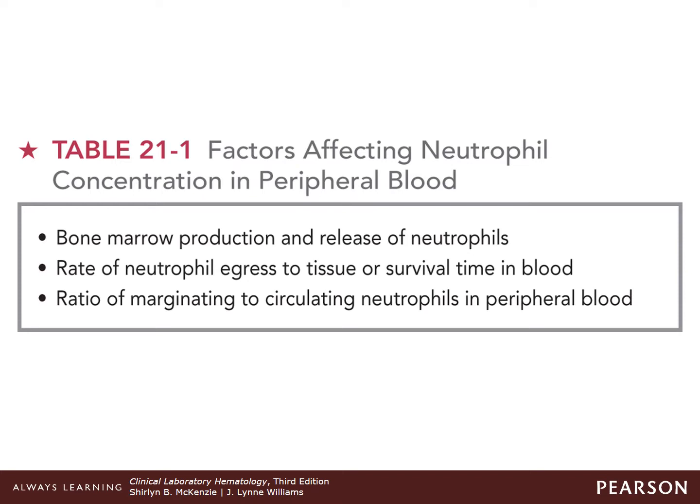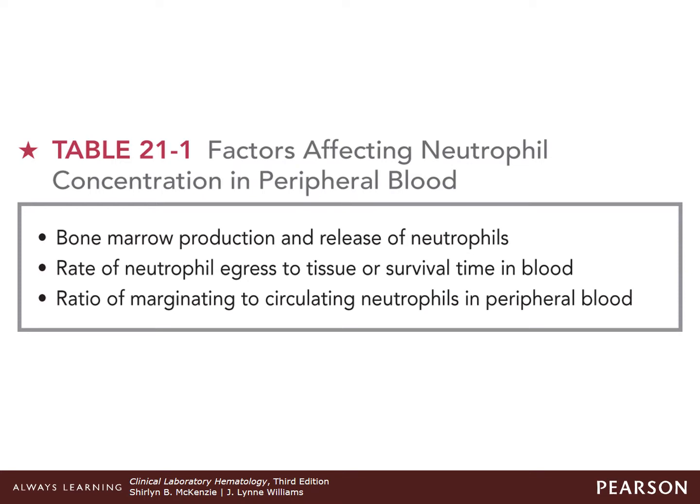So if they're producing too much or not enough, that will lead us to a condition as well. The rate of egress to tissue. So we know that neutrophils' job is to go into tissue and fight off bacteria.